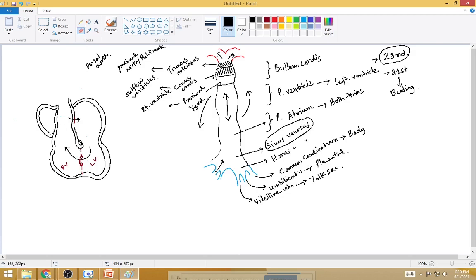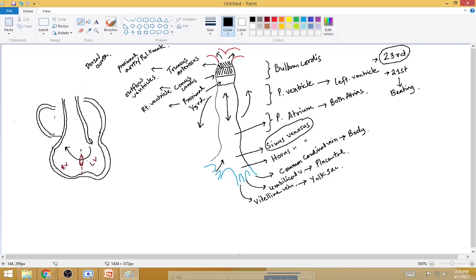Now, therefore, we will get a picture somewhat like it almost lies now in the midline. Okay, it somewhere lies now in the midline.